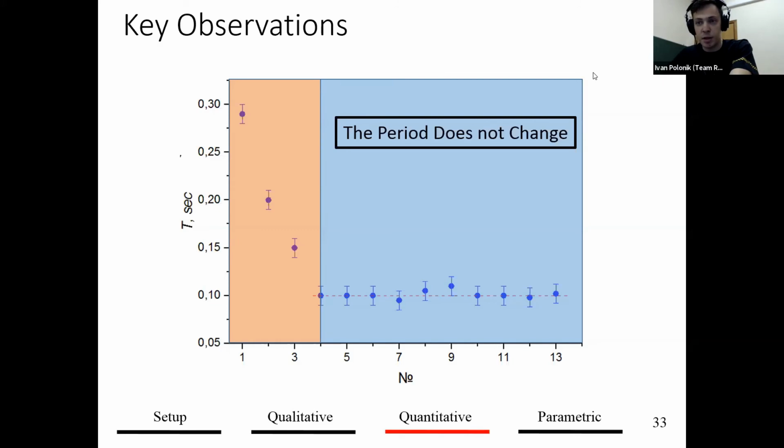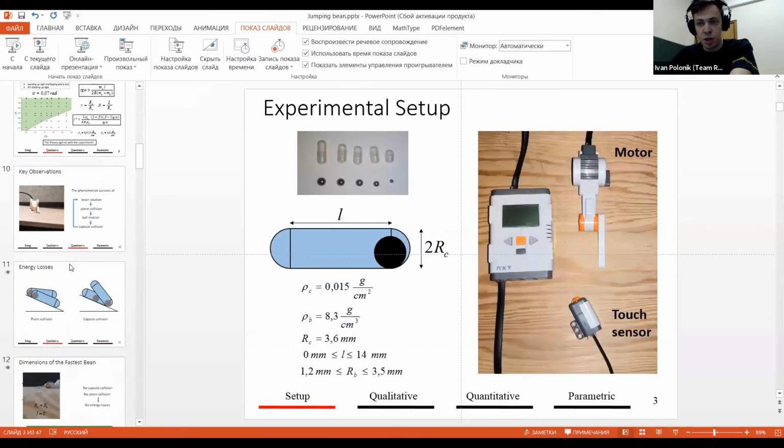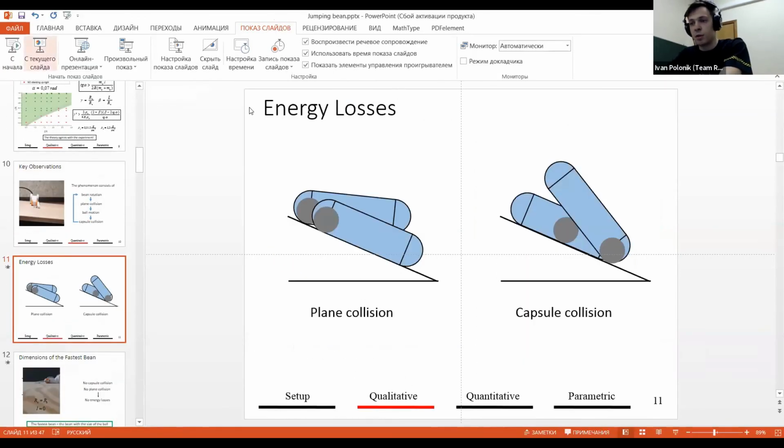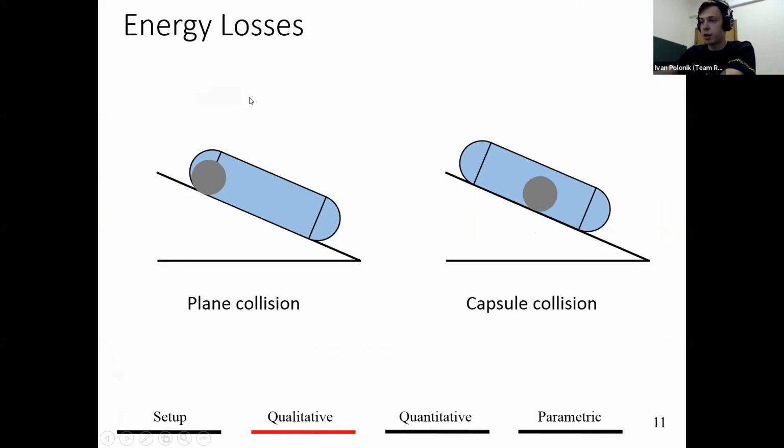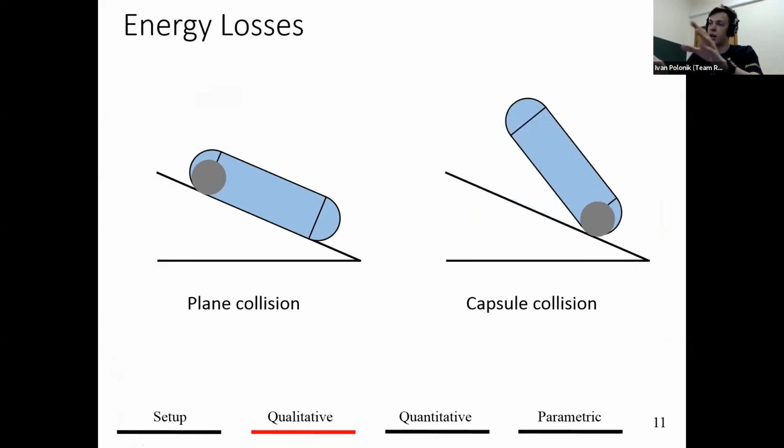These two collisions, the plane collision and the capsule collision, on this frame. So these are ways of losing kinetic energy, and kinetic energy is increased by gravity. And from the moment losses and increase become equal, the total energy for one turn is conserved.